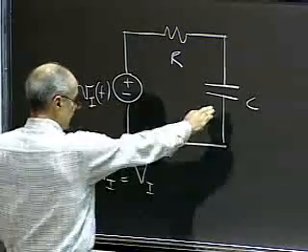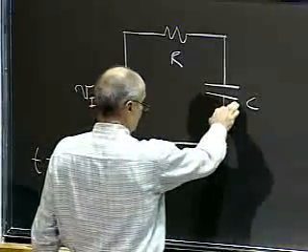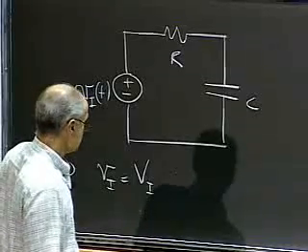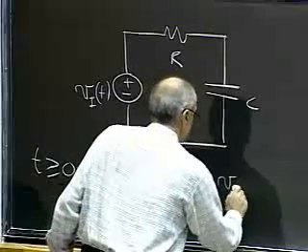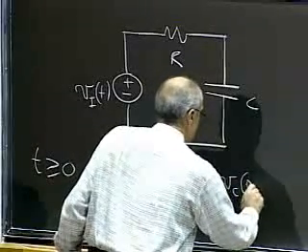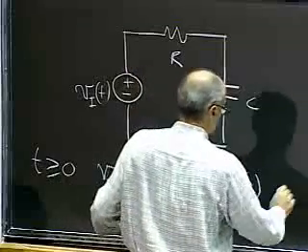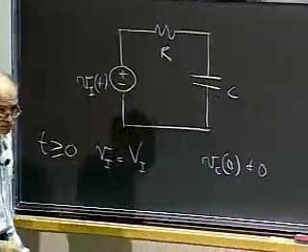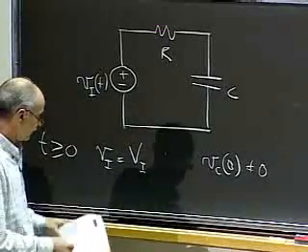And the other condition that we discussed was the value of the voltage on the capacitor at time t equals 0. So let's call that Vc of 0. And in general, there is some finite value here, okay? It can be 0 or it can be different from 0.